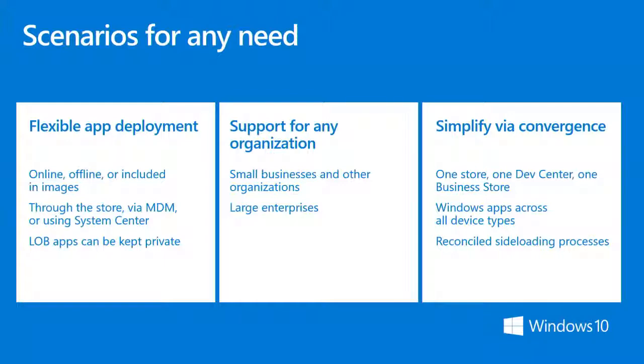Using Config Manager or some other software distribution tools, take the installation files for those apps and push them out. Or even put them in your images. So download the installation files, add them into MDT or Config Manager, build your image, sysprep it, capture it, deploy it. You could also push them out using MDM, using Config Manager, using PowerShell scripts. There's a variety of different ways that you can go about doing that.